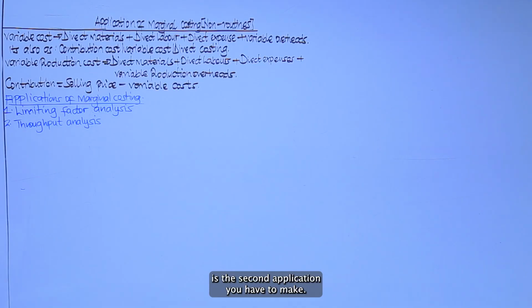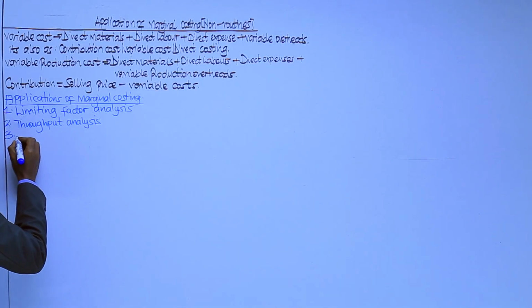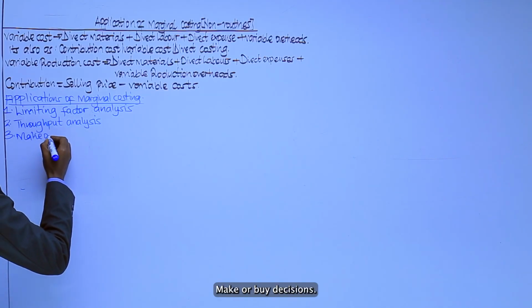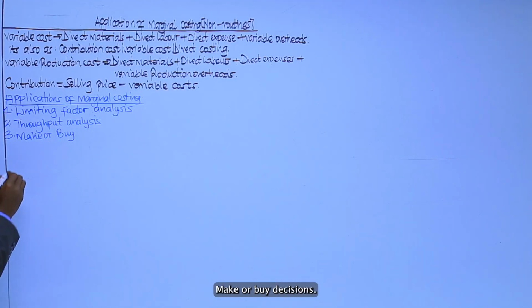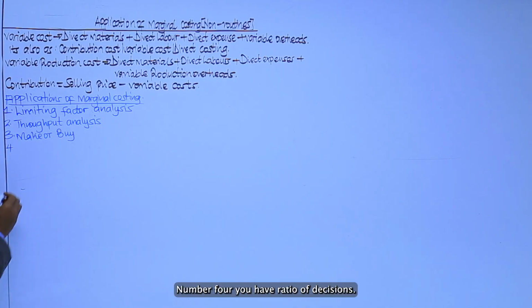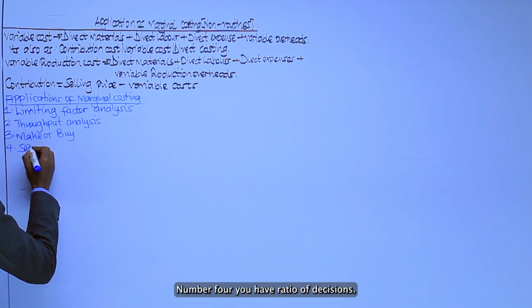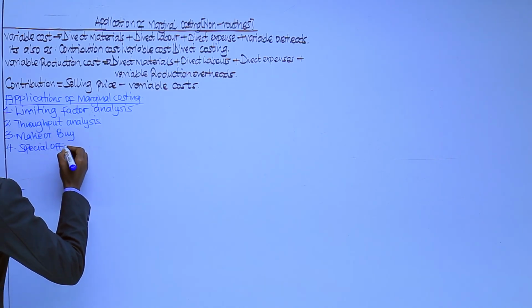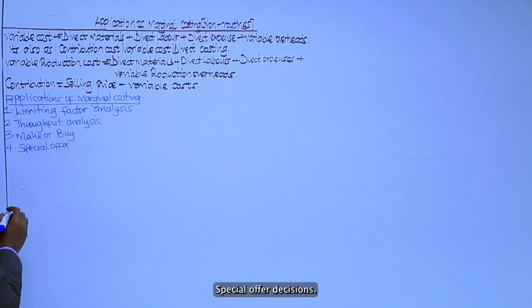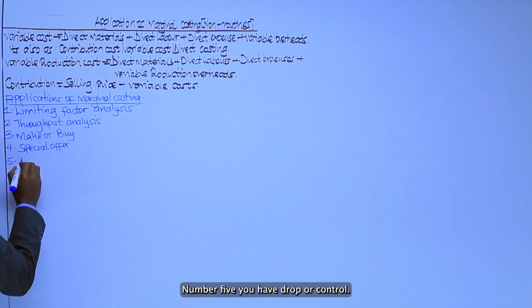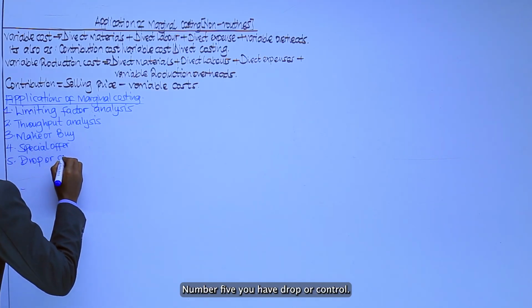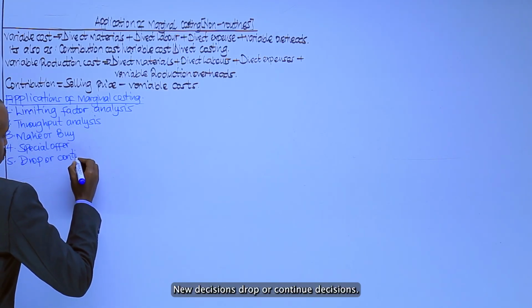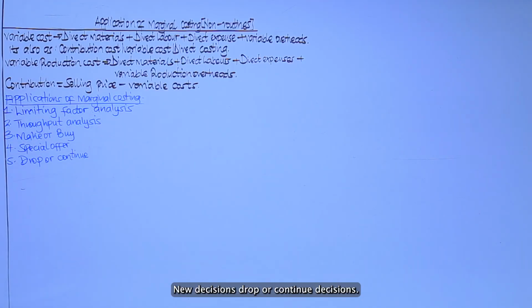The second application is throughput analysis. Number 3, you have make or buy decisions. Number 4, you have special offer decisions. Number 5, you have drop or continue decisions.